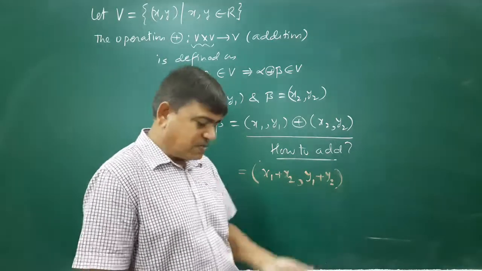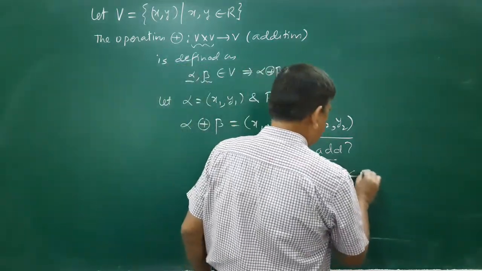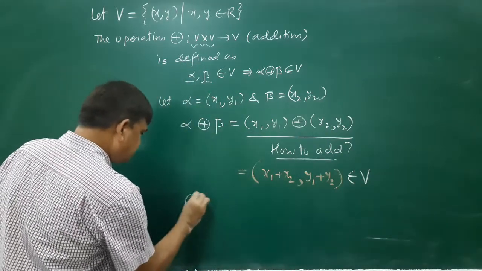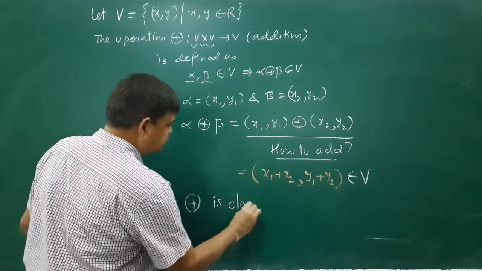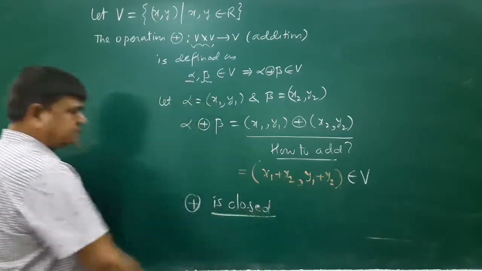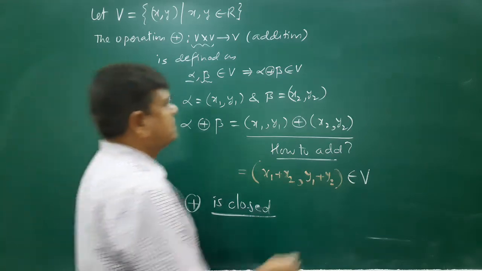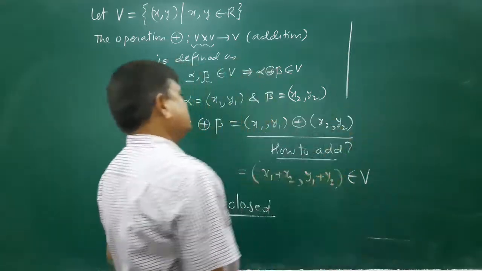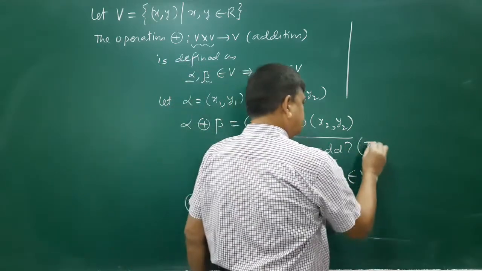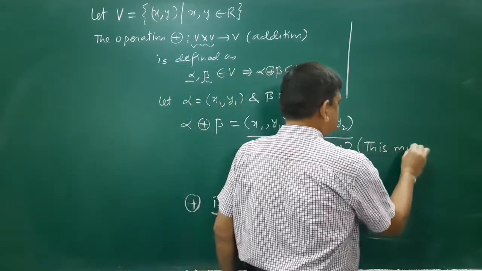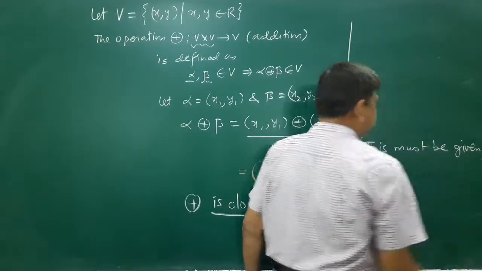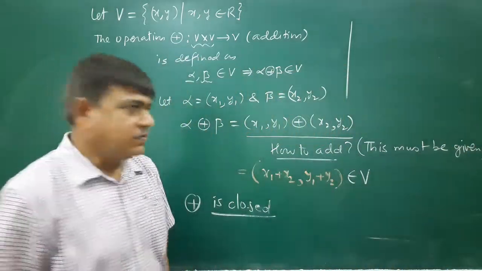This is also real number, so 100% this belongs to V. That means it is closed. And this must be given. Okay?